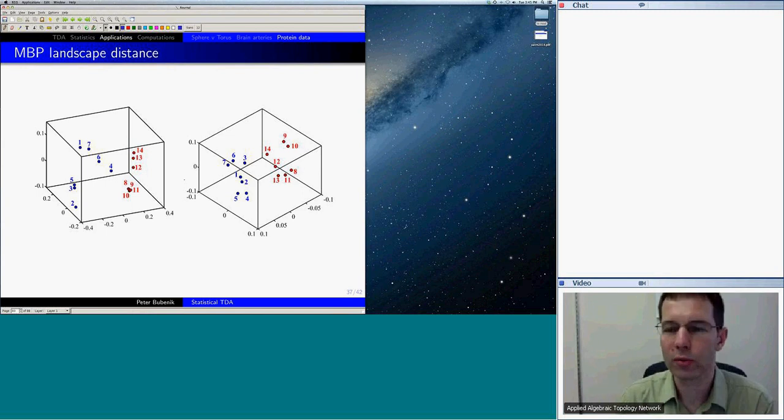I think this is the one norm between those functions, projected down into 3 dimensions. If we use the 2 norm, we get something similar. On the left here we have this coming from homology in degree 0, and on the right we have homology in degree 1. The closed and the open conditions seem to be nicely separated using this technique.